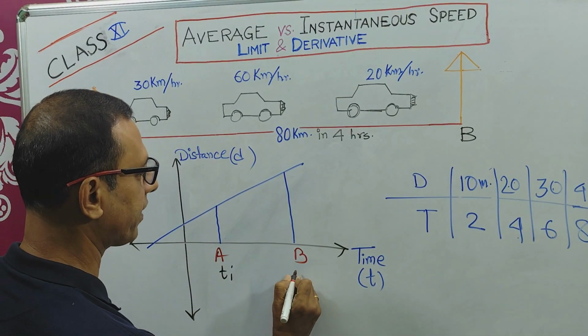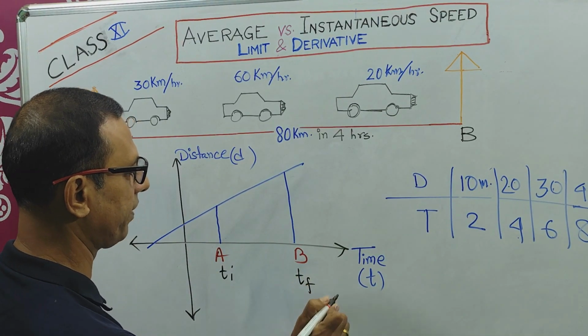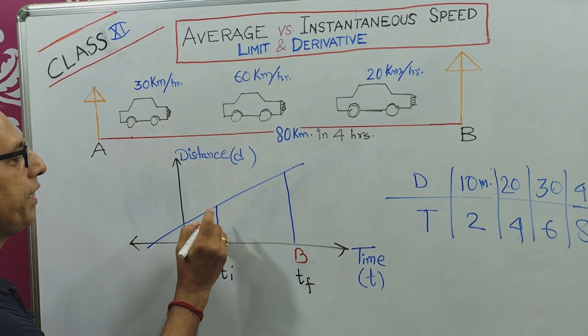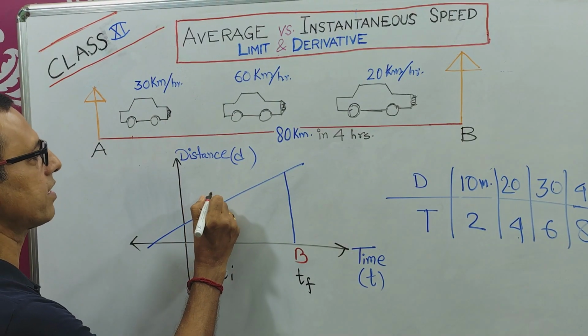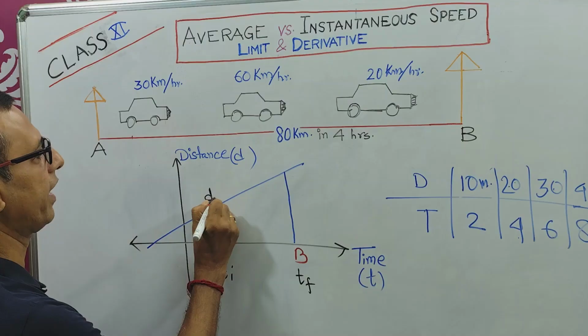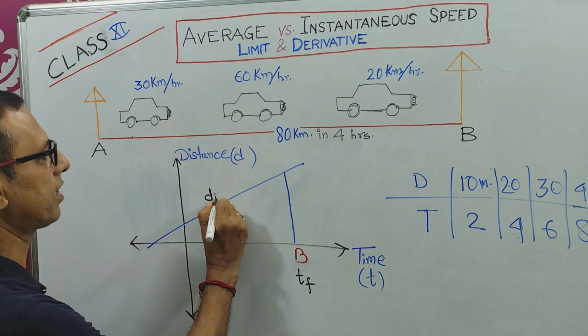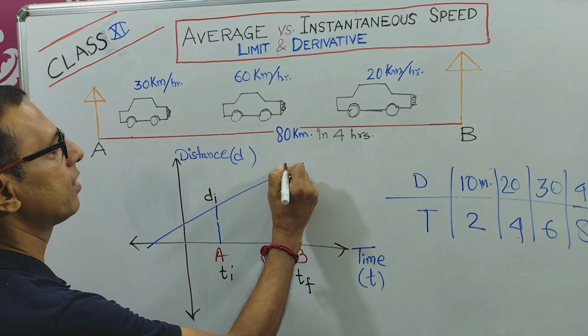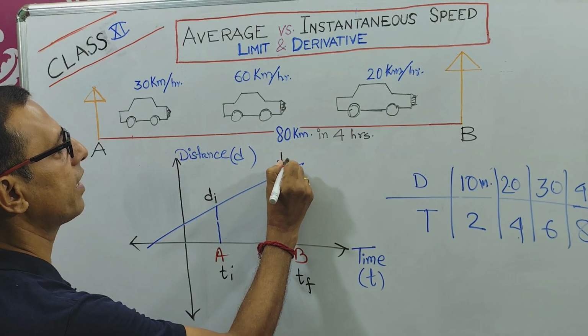At time Ti the initial distance is, let's say, di, d suffix i. Then the final distance is d suffix f.